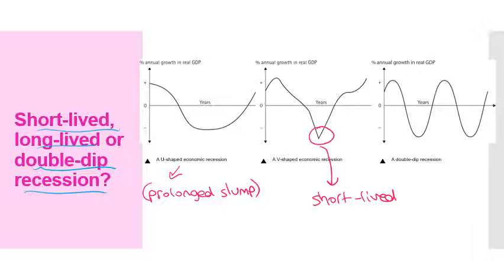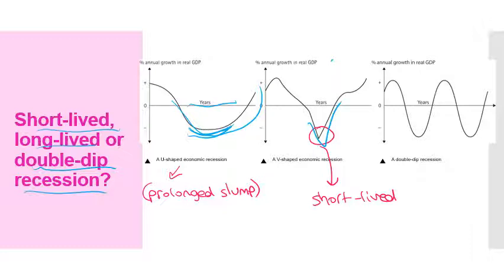So as we said before, every economy faces a business cycle. Now, when it is a U-shape, it means it is a prolonged slump. It will take more time. Look at the years. It will take more time to overcome, to start facing a recovery. This is why we call it a prolonged, U-shaped economic recession. Now, if you take a look at the second graph, it is V-shaped.